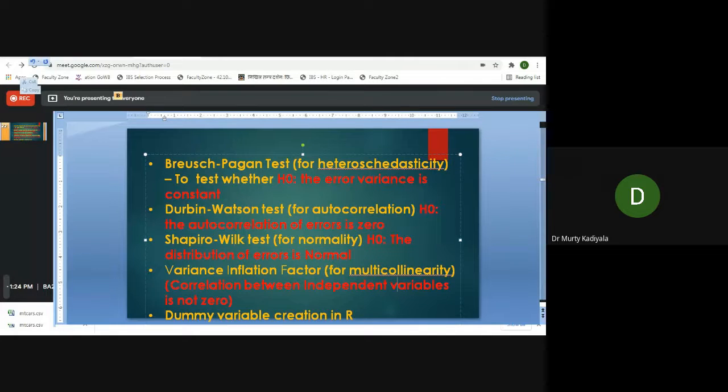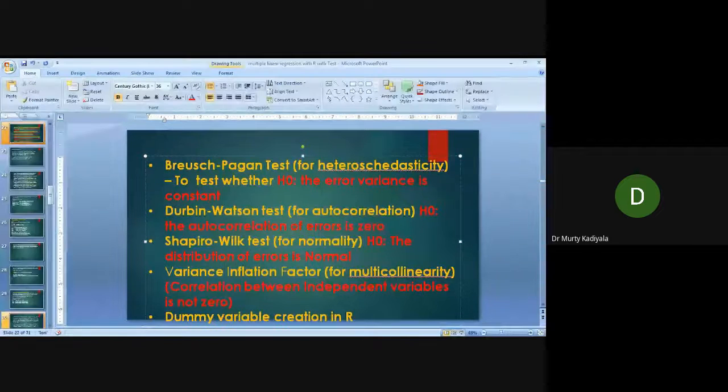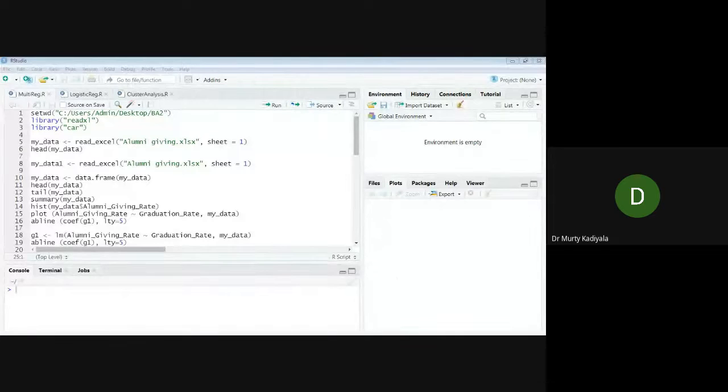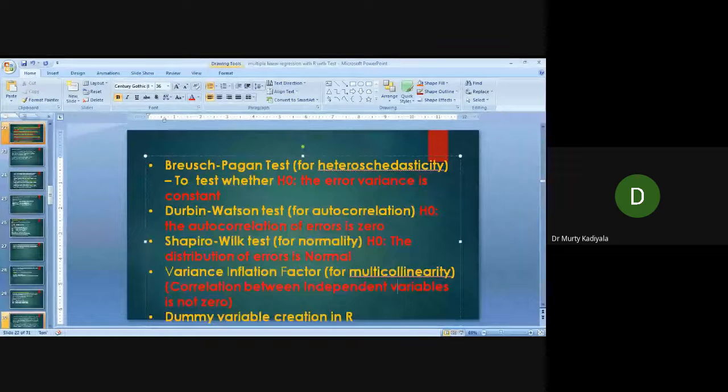VIF, the variance inflation factor. The VIF is useful to check whether a variable is correlated with some other variable. This is what we are going to study in multiple regression. Tomorrow I'm going to run this exercise in R, with the file shared with you. I will share some other file also today. We will do both. Is that fine?